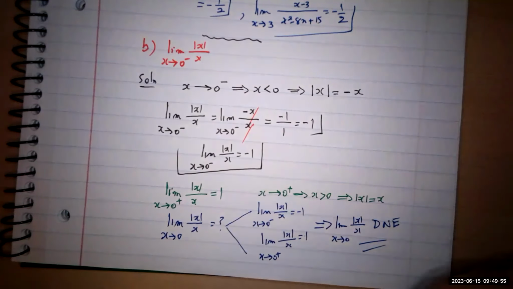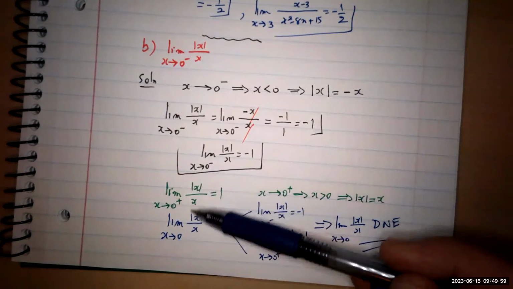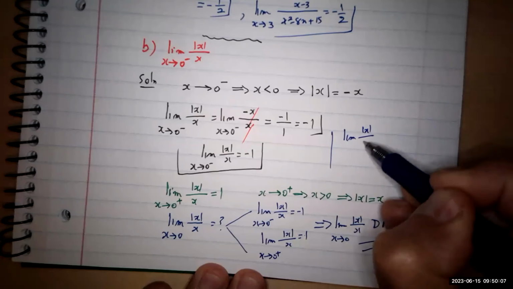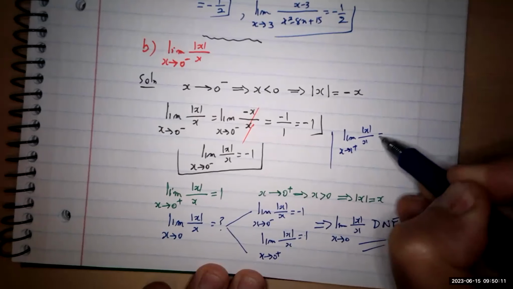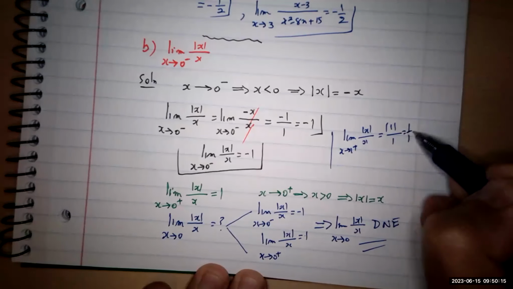Because the 0 can make you 0 over 0. If it's anything else, there you are. If you have the limit of the absolute value of x over x as x goes to 1 from the positive side, it doesn't matter. It's the absolute value of 1 over 1, which is 1.